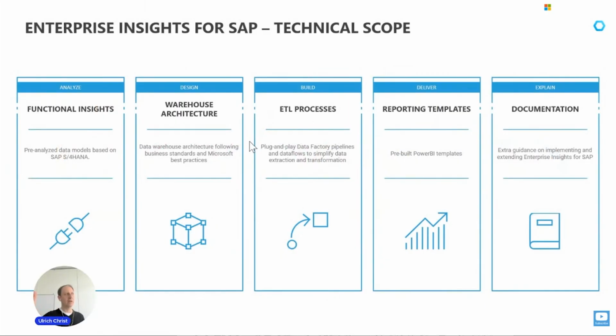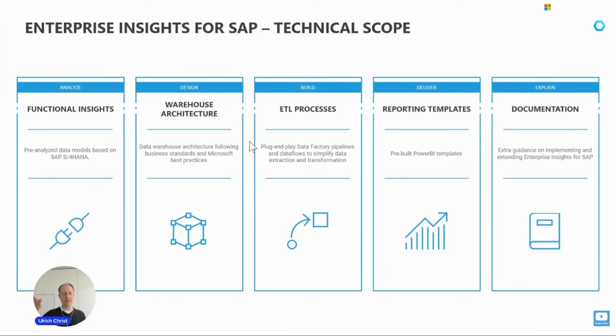That is why we have come up with Enterprise Insights, which goes the whole way from the data integration over a full warehouse architecture with a bronze, silver, and gold layer, and all the ETL processes that do the data integration and move the data across these layers. It handles all the complexity of SAP data.